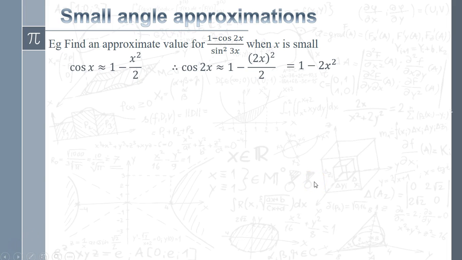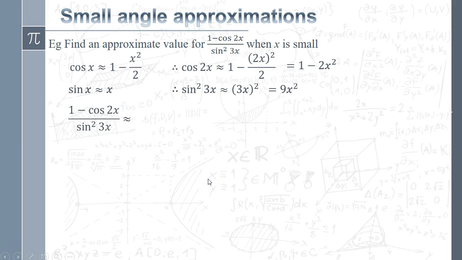And if we do something with the bit on the bottom, which is the sine, we know that sine x is approximately the same as x, so therefore sine squared 3x will be approximately 3x all squared, which is 9x squared. Now we've done those bits, let's pop them into our expression up here.